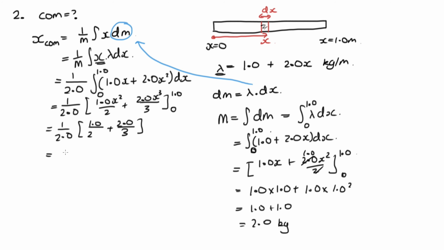So this is 1 over 2 times, we can put a common denominator of 6 down the bottom, and then we've got 3 plus 4. So this is going to be equal to 7 over 12, or you could have just done this on the calculator. When we evaluate this on the calculator, we get 0.58 meters. So the center of mass is 0.58 meters from this end here.